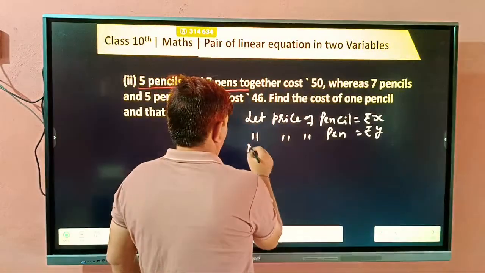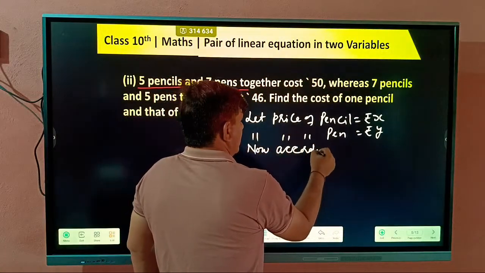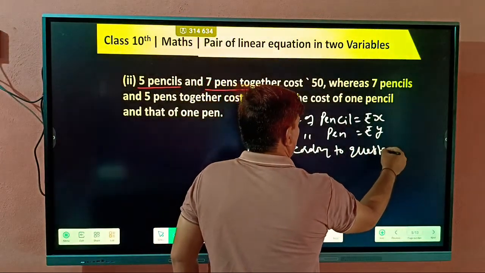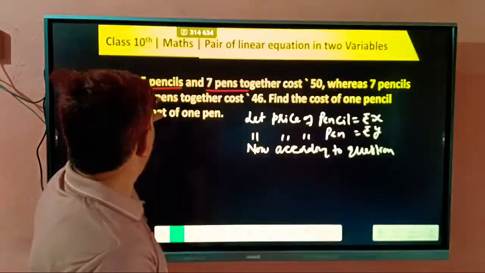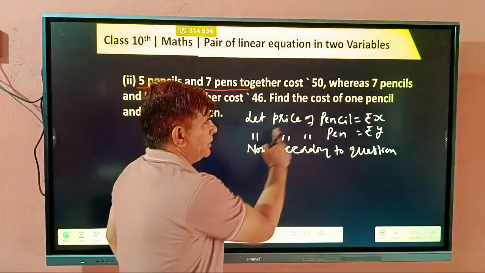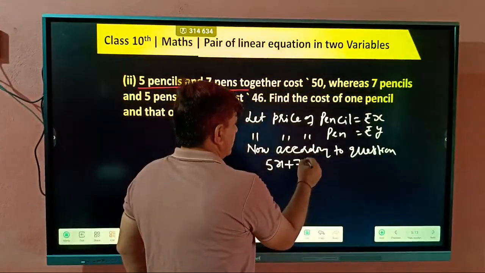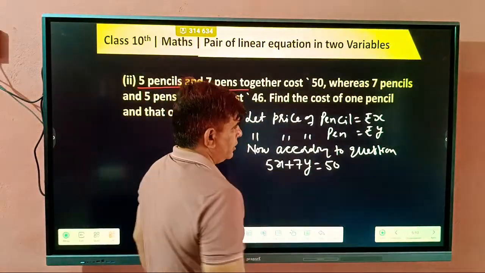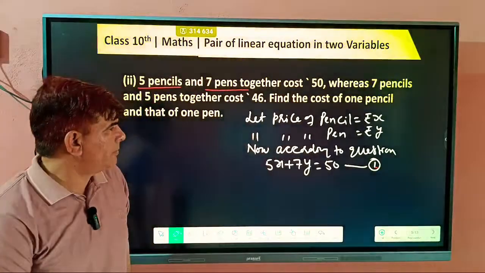Now, according to the question, 5 pencils, 1 pencil price X rupees, so 5X, and 7 pens, 7Y, is equal to 50. Understood? This is equation number 1, a linear equation in two variables.